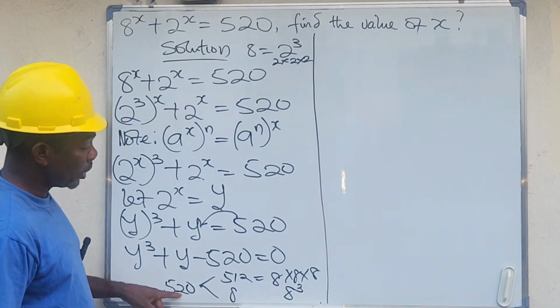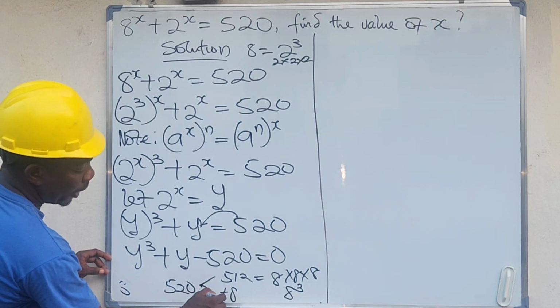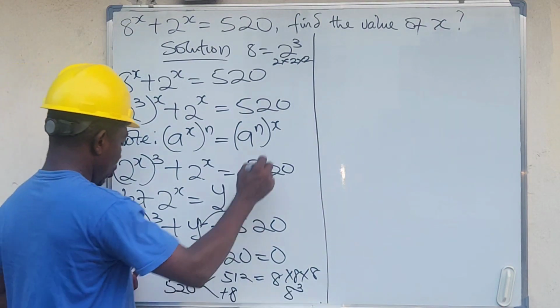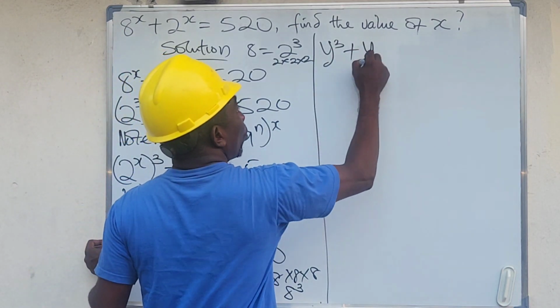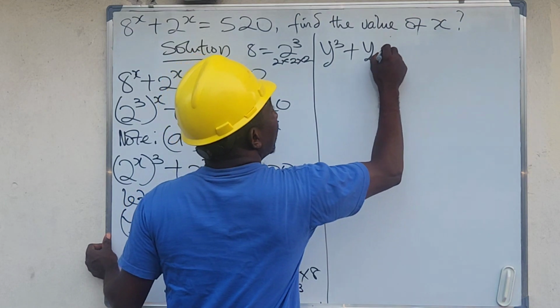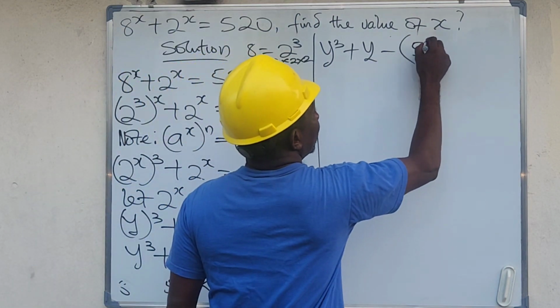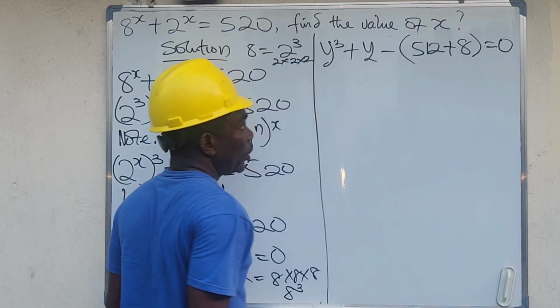So 520 is going to be 512 plus 8. We substitute that in, so this will become y raised to the power of 3 plus y minus, in parentheses, 512 plus 8, equals 0.